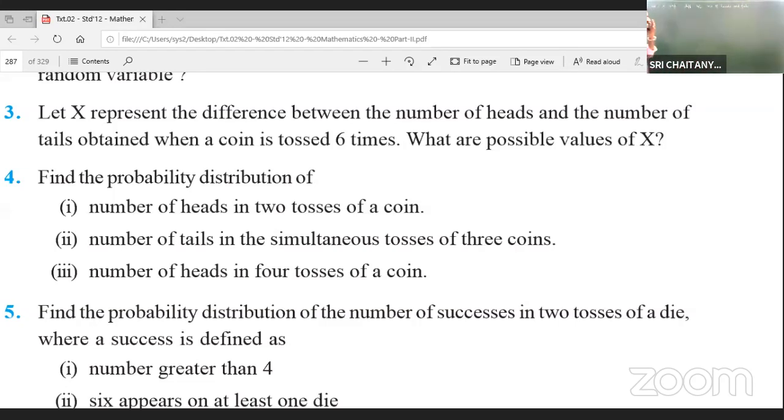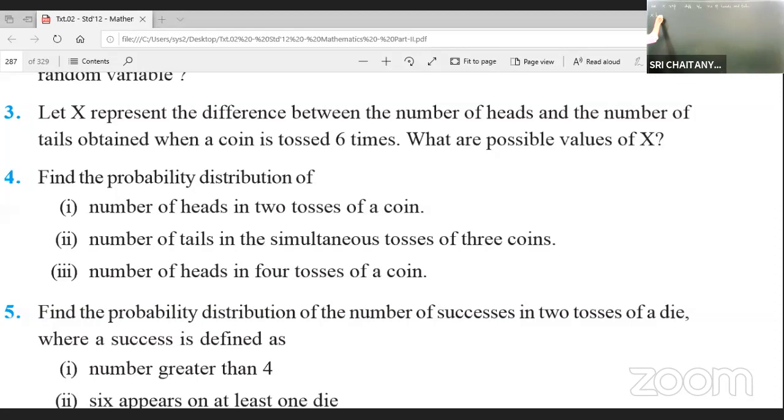Understood? Now, if a coin is tossed 6 times, you are going to get 6 results, right? 6 may be heads and 0 tails.